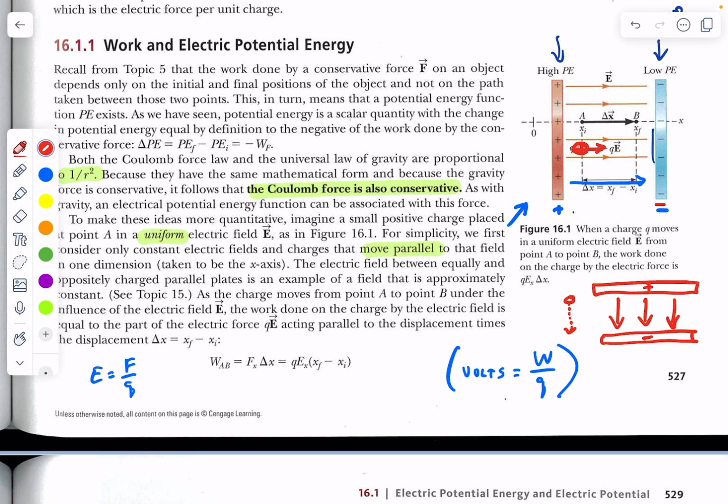So there is an analogy between gravitational fields and electrical fields when you set them up correctly. So just like the gravitational force, being an inverse square law, is a conservative force, so is the electrical field. And the Coulombic force of a charged particle in the electrical field is a conservative force.